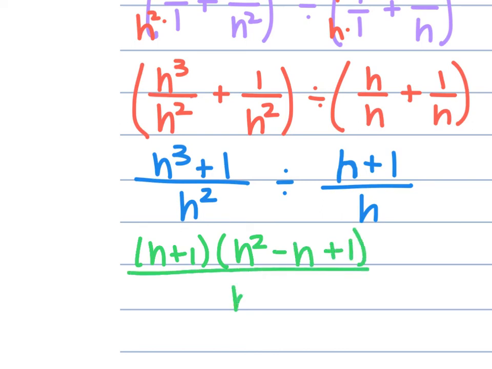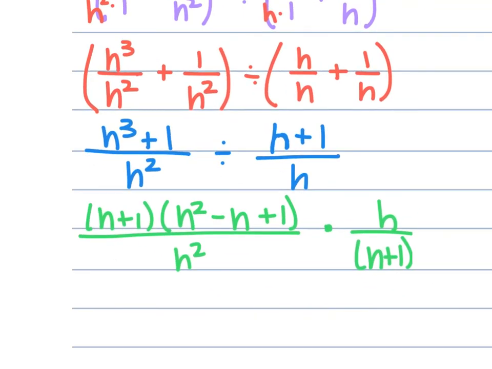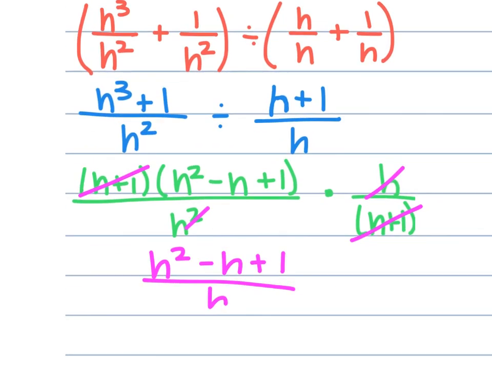Keep it over the h squared. And then change the second fraction to be h over h plus 1, with multiplication in the middle. Your h plus 1s are the same, so those can cancel out. The squared is going to cancel out the h on the top of the second fraction. So we're just going to have h squared minus h plus 1 over h as our solution.